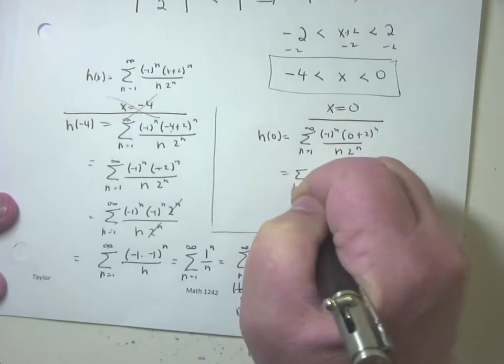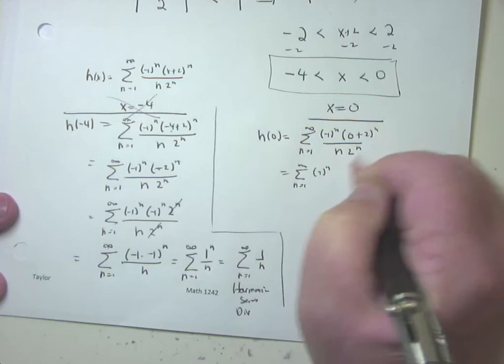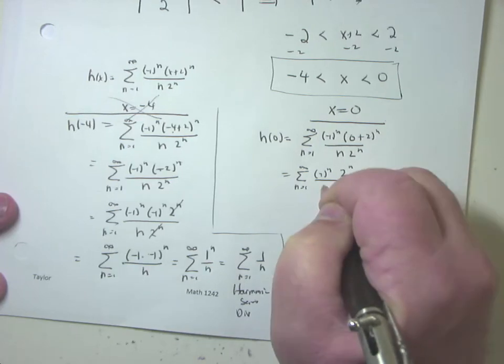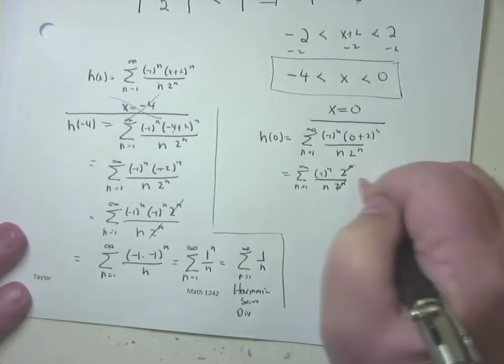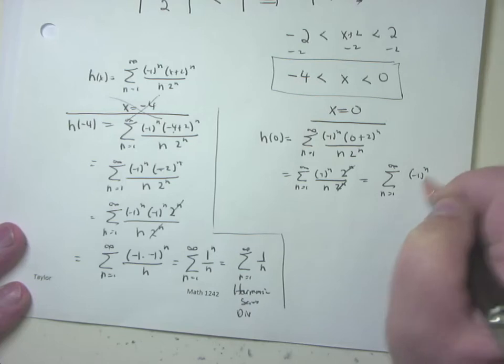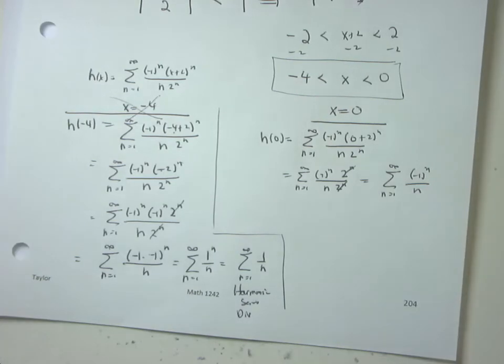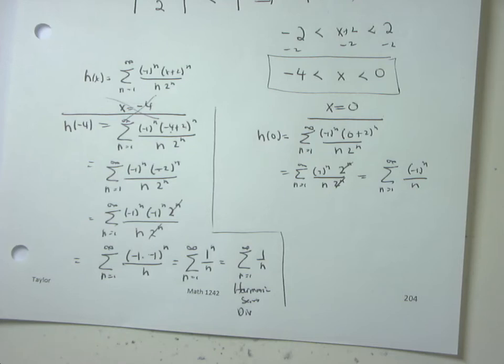This is the sum of negative 1 to the n, 0 plus 2 is 2 to the n, over n to the n. And notice the 2 to the n's cancel. This is equal to the sum as n goes from 1 to infinity of negative 1 to the n over n. Notice you get the exact same series except one side is alternating, one side's not.